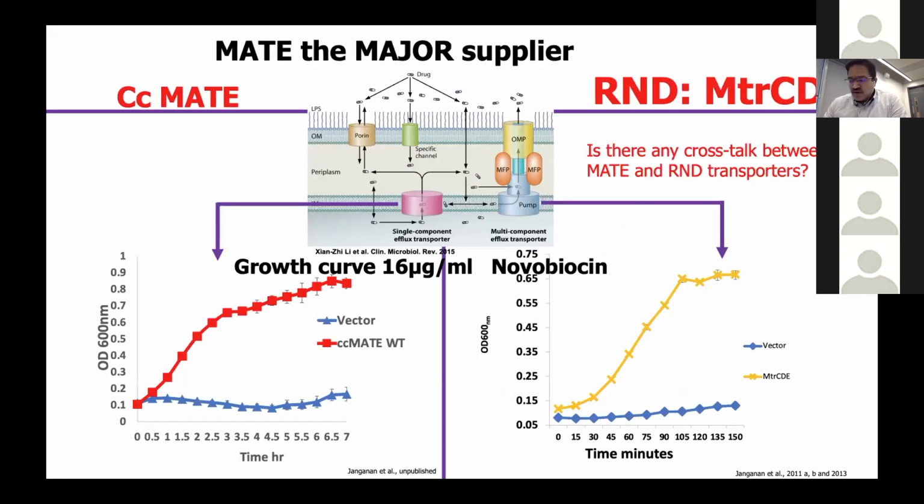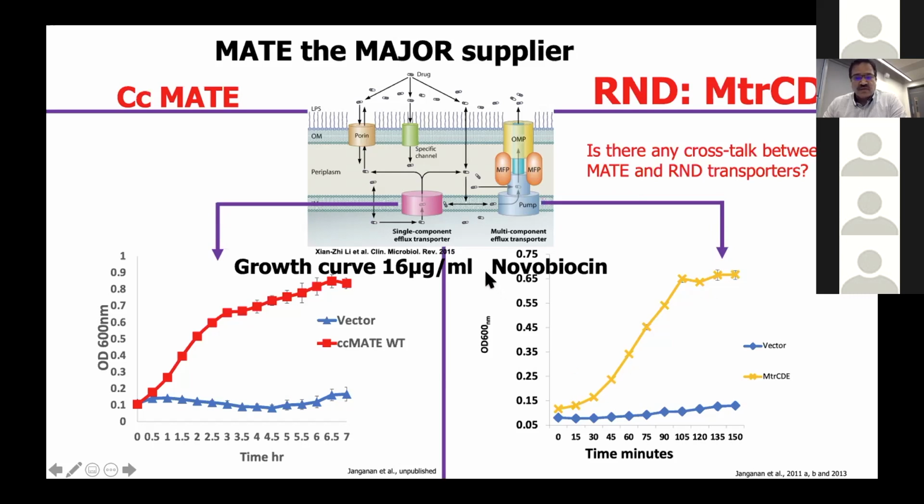Okay, again, what I'm showing here are some very interesting and intriguing data. As I mentioned, we worked earlier on an RND transporter called MtrCDE. From the understanding of that transporter earlier, we know how efficiently these RND transporters transport drug across the membrane.